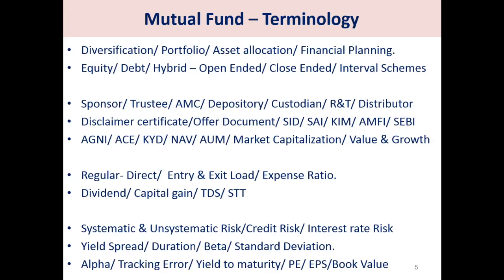And if you have seen tutorial number one, you will know what diversification is: investing across different securities. Creating a combination of securities is called a portfolio. Investing in different asset classes like equity, debt, currency, commodity is your asset allocation.